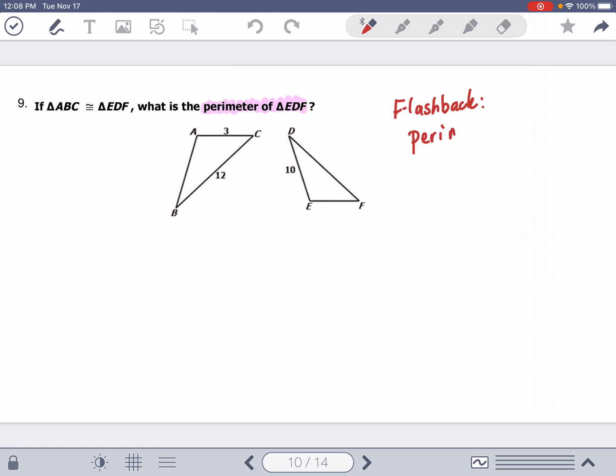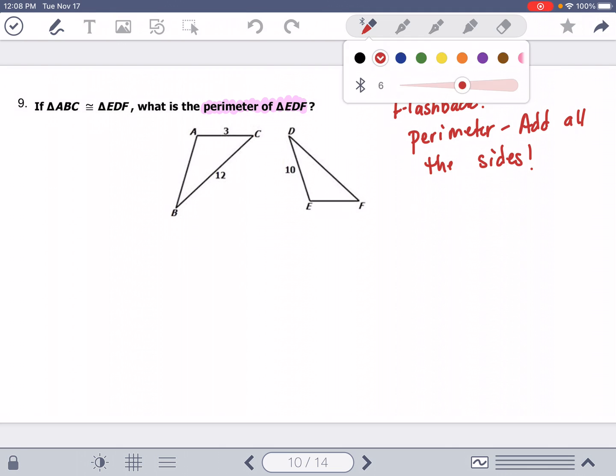Perimeter: add all the sides. Certainly you guys remember that from elementary school. So if these are congruent, I need to get all of the sides labeled for EDF. EDF is this triangle here.